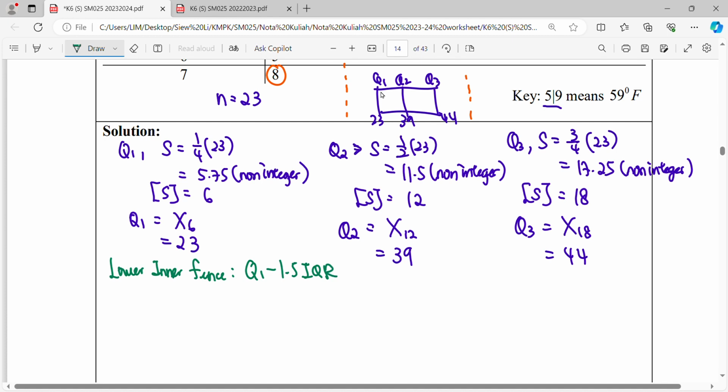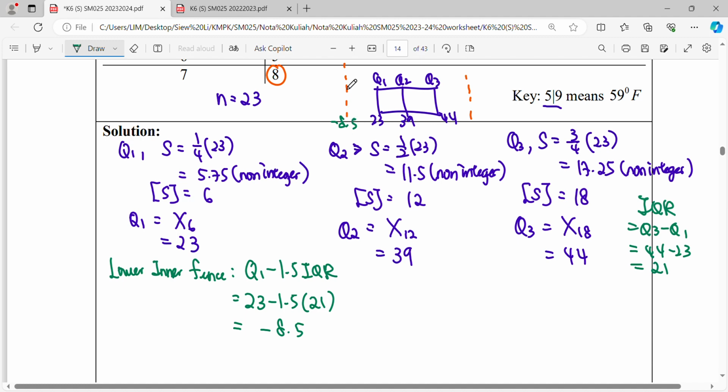So what's your IQR? We calculate IQR here, which is Q3 minus Q1, 44 minus 23, which is 21. So Q1, 23, minus 1.5 times IQR, 21, your fence falls on the value negative 8.5. So now you have your lower fence, which is negative 8.5.